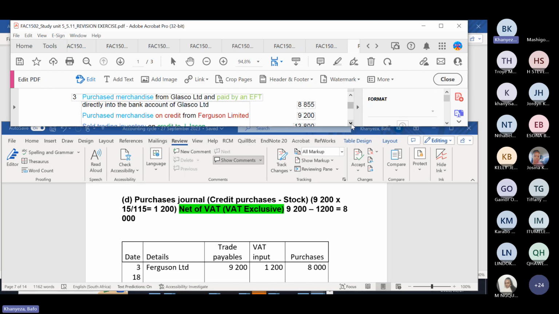This is a purchase of merchandise. Just wanna see, because now I want to link this.